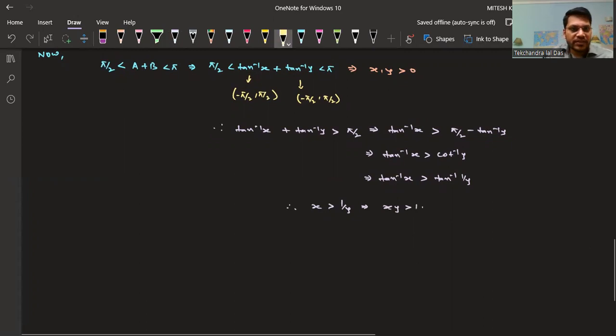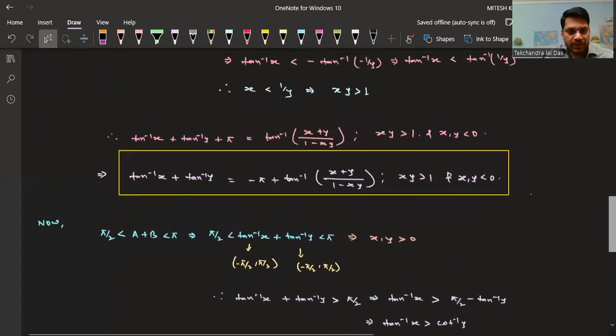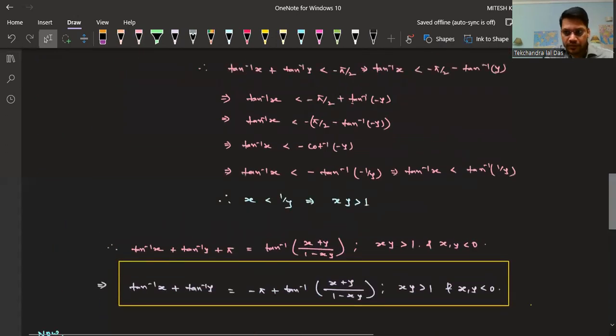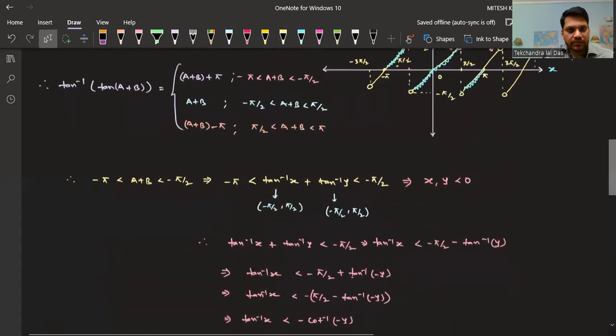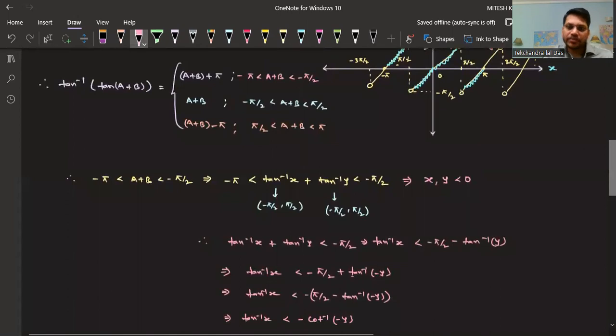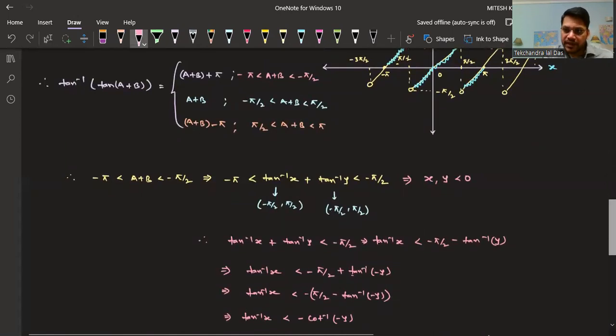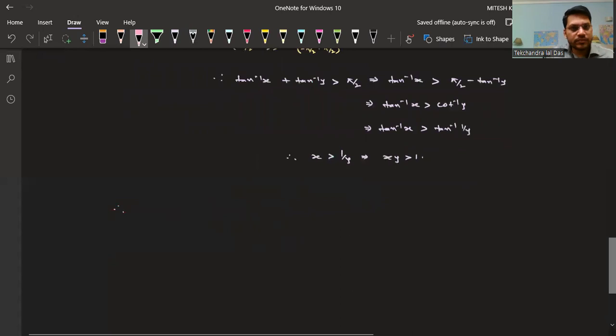Okay, just rewrite this formula again here. Then see, just take the branch here. Which branch we have? See, we are solving this branch, this one. Okay, so a plus b minus pi. No, this branch is a plus b minus pi. Let's write down.